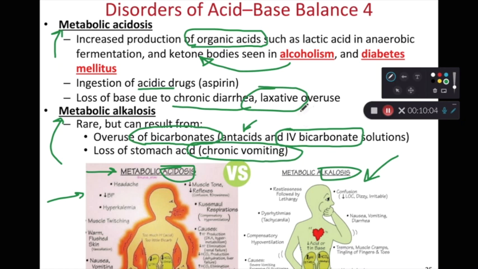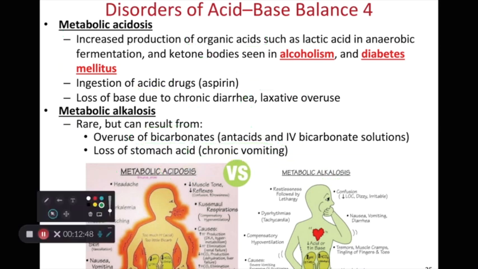We very rarely will remove too much acid unless we have that chronic vomiting. In terms of the symptoms, the overall symptoms can be, for the most part, the same between respiratory and metabolic, alkalosis and acidosis.